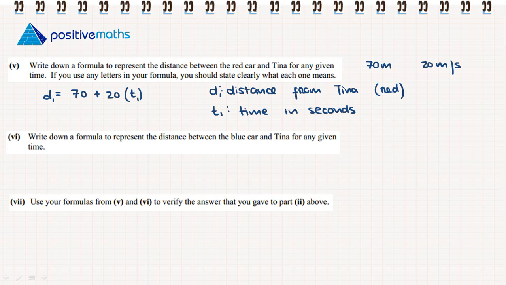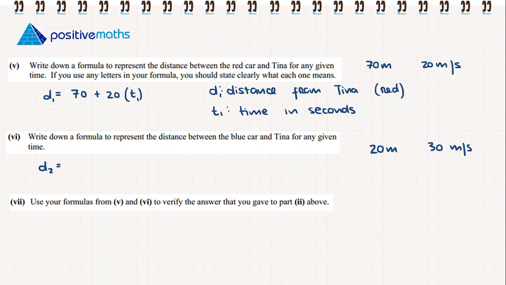Part 6. We want to write down a formula to represent the distance between the blue car and Tina for any given time. So what we want to recall here is that the blue car was 20 metres away from Tina at 0 and was travelling at a speed of 30 metres per second.